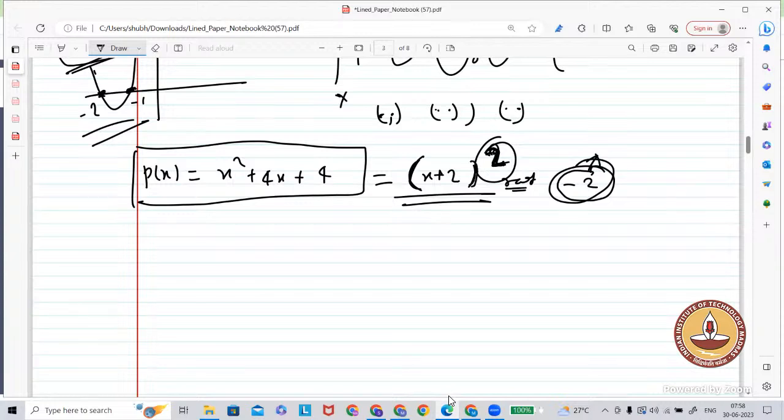Or in different words, suppose you have a polynomial P(x), and you did some factorization and you got alpha as a root.